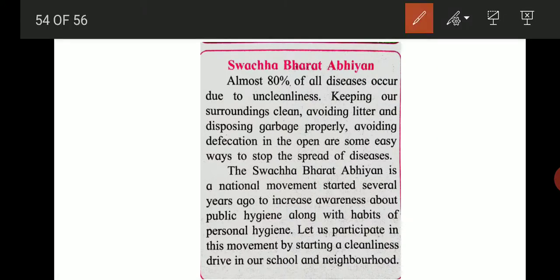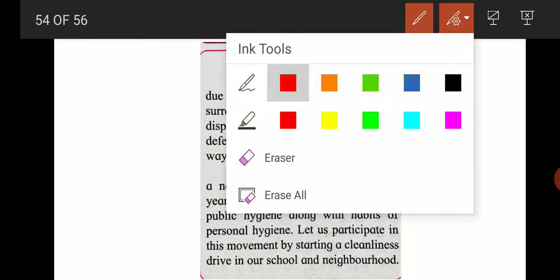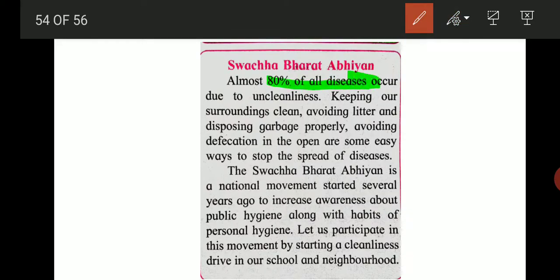Then the Swachh Bharat Abhiyan. Now see here students, almost 80% of all diseases occur due to uncleanliness. Keeping our surroundings clean, avoiding litter and disposing garbage properly, avoiding defecation in the open are some easy ways to stop the spread of diseases.